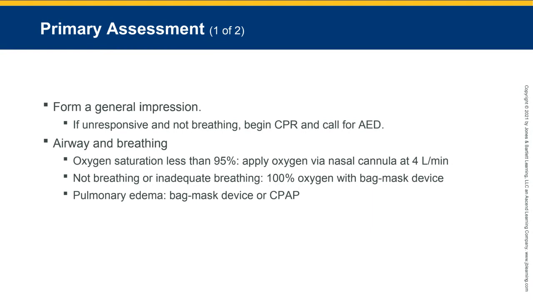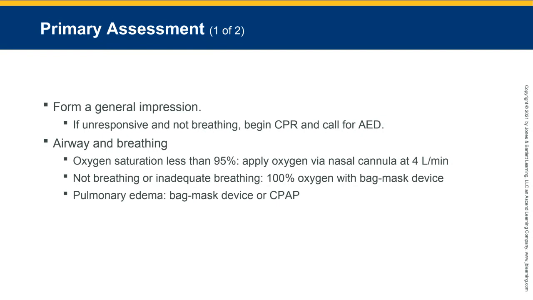Assess the ABCs properly. Look at the pulse ox on room air. Consider the presentation. If you suspect MI, start with your low flow if oxygen is needed. Gradually increase as necessary. For patients not breathing or with inadequate breathing, you know that you're going with your 100% oxygen with your bag mask device.